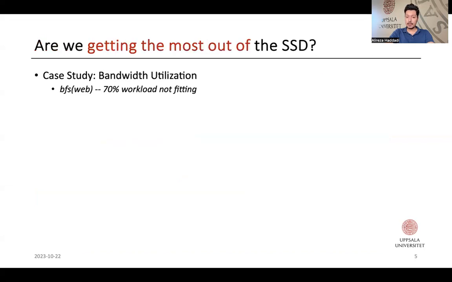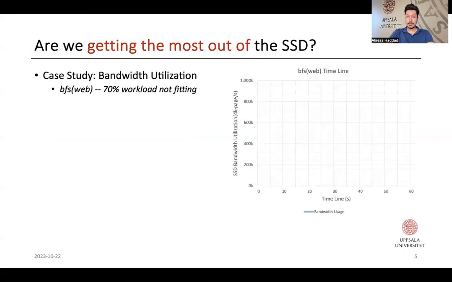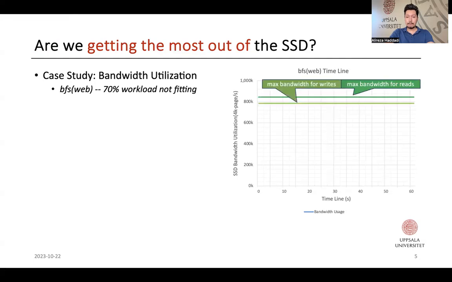Let's take a deeper dive into that. In this slide, we are going to see if we are getting the most out of our SSD. In this plot, we are going to see a timeline of the SSD bandwidth utilization for our case study. These two green lines are the maximum bandwidth that our SSD can provide for read requests and write requests.